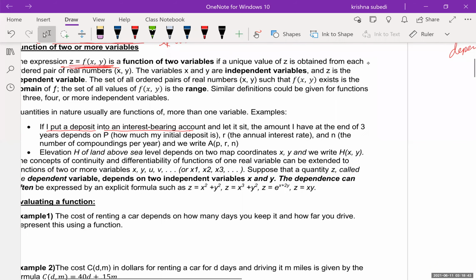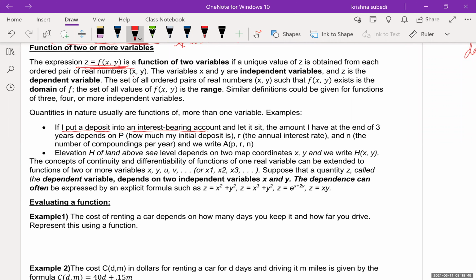For example, it depends on the initial deposit that you put in. Okay, how much money you put at the beginning, what is the interest rate, and how many years you want to put your money into the account. So even in this simple situation, there are three variables involved, and that will determine the amount that you will get after a certain number of years.